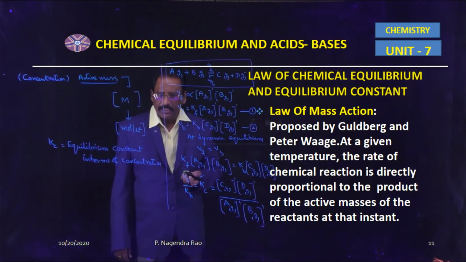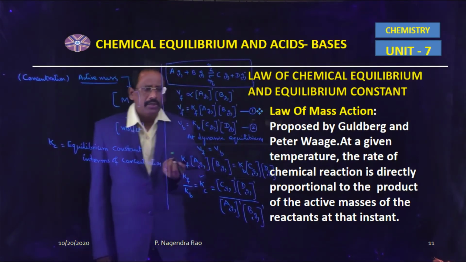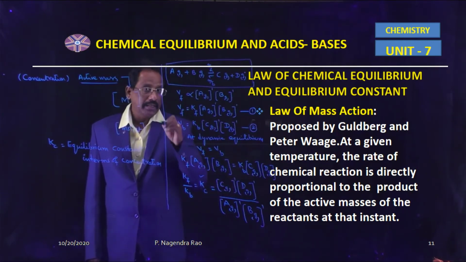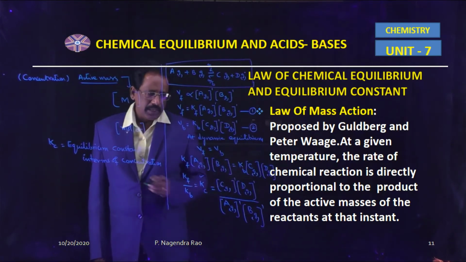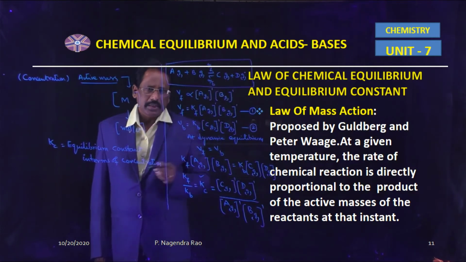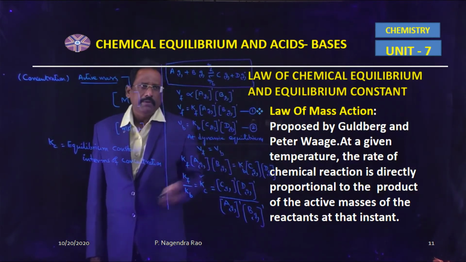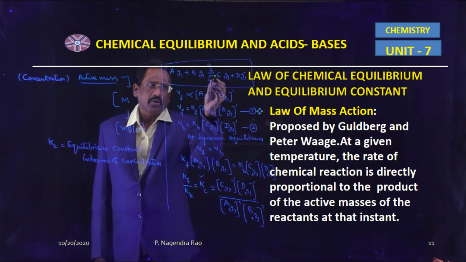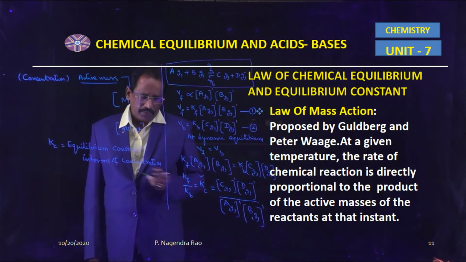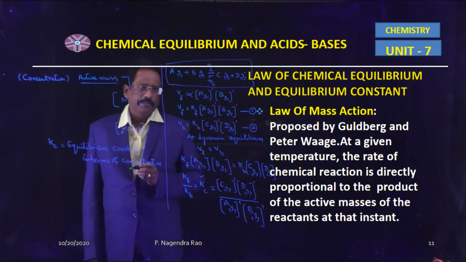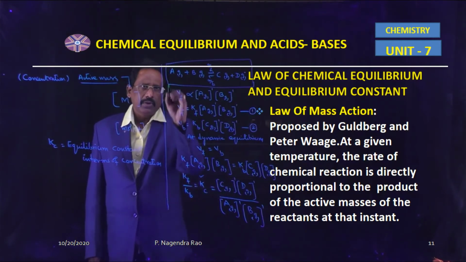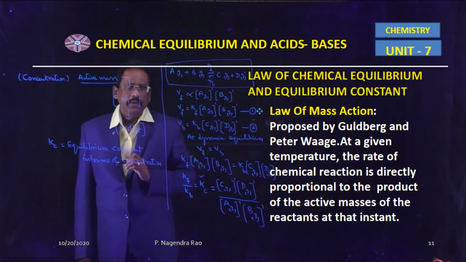Very important formula. So Kc is equal to the product of active masses of the products raised to the power equal to the stoichiometric coefficients, divided by the product of active masses of the reactants raised to the power equal to the stoichiometric coefficients.